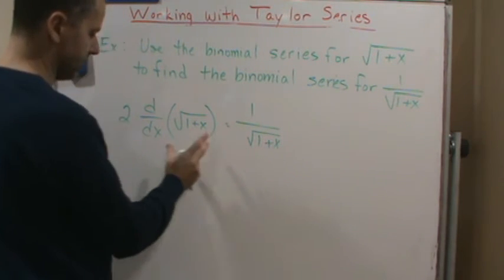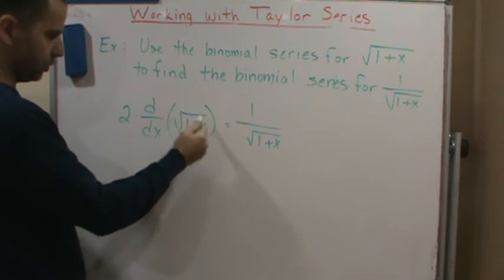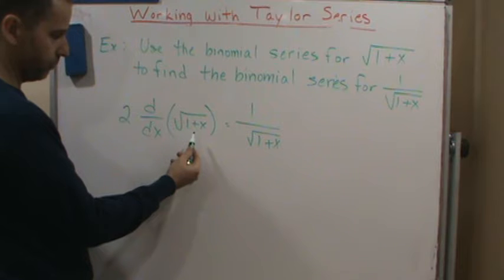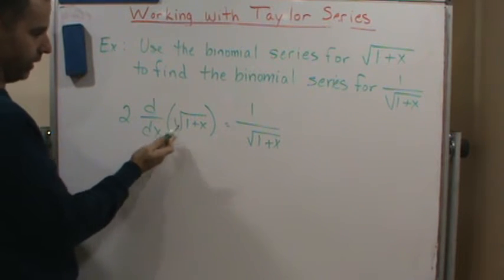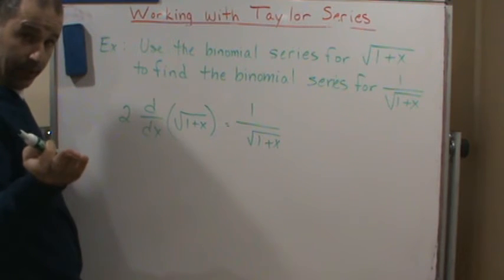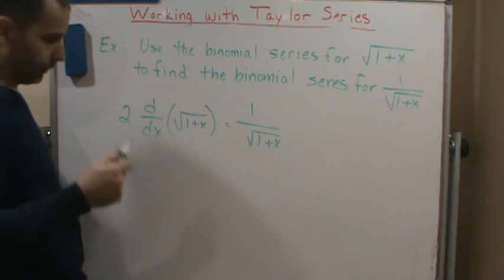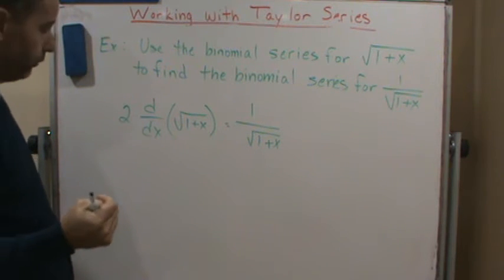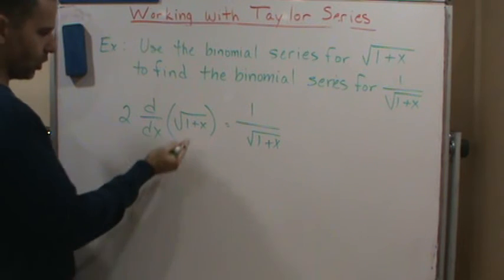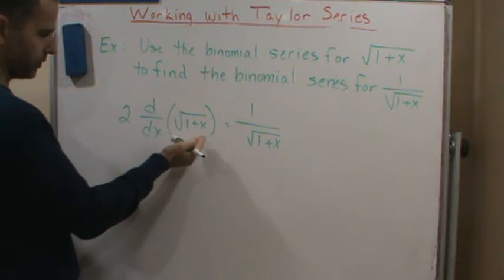So if we look at this, then we're going to take the derivative of this. But this is equal to the binomial series, right? So we know what the series is, and if it's convergent, which it is, over the interval from -1 to 1, then we can go ahead and take the derivative of this term by term.